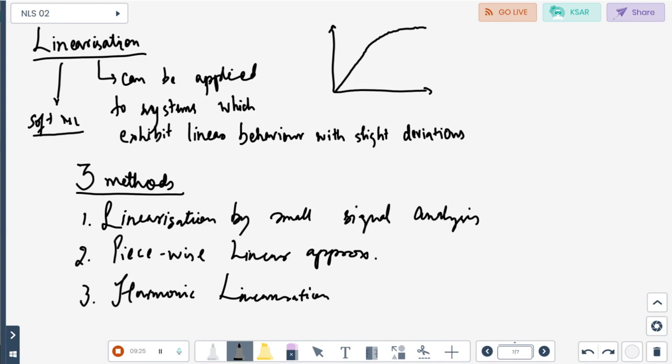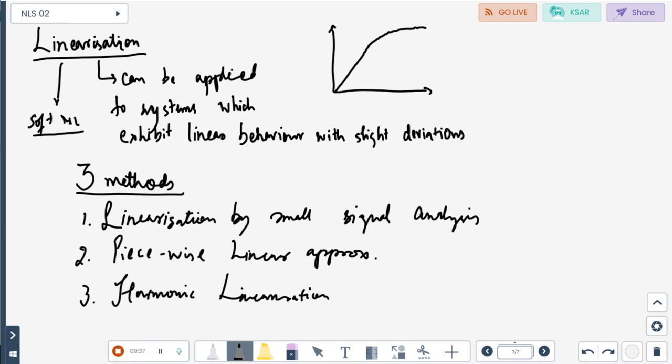The harmonic linearization is based upon the frequency response method, and it forms the basis for the describing function method.